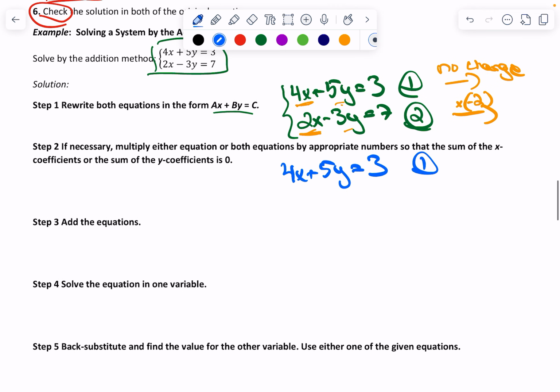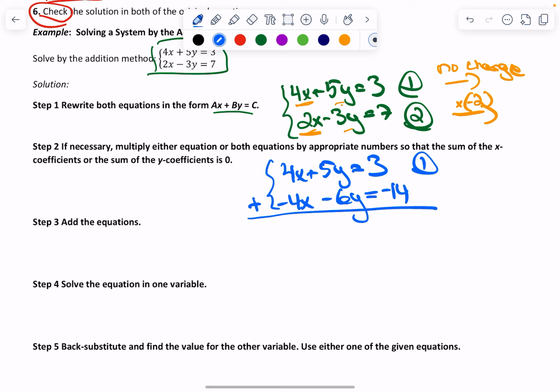Our second one, we're multiplying by negative 2. So negative 2 times 2x is negative 4x. Negative 3y times negative 2 is positive 6y. And 7 times negative 2 is negative 14. We are adding these two in step 3. 4x and negative 4x cancel out.